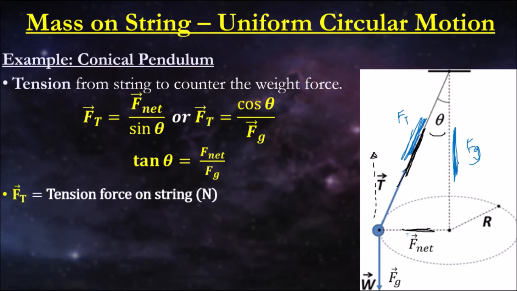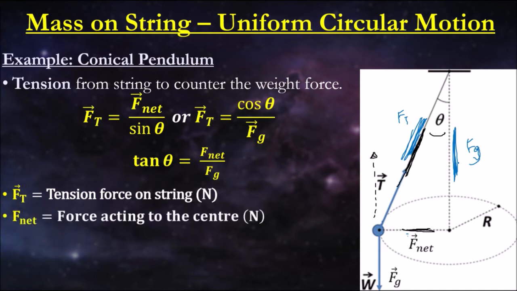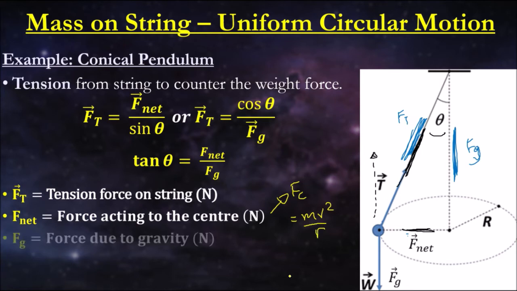So Ft stands for tension force. F net is the force acting towards the center. That is also our centripetal force. So you can also represent the net force using this formula here, mv squared over r, the formula for centripetal force. And then we have the force due to gravity.